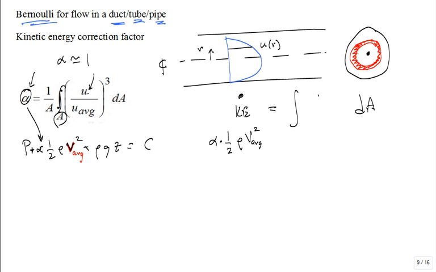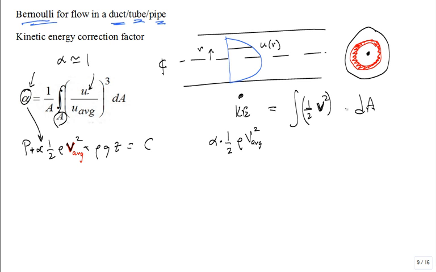Okay. So how would I do that? I say that 1/2 V squared is my... what is 1/2 V squared? Is that a specific kinetic energy? Is that true? Specific kinetic energy per unit mass.